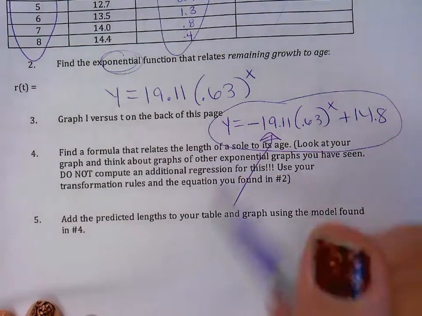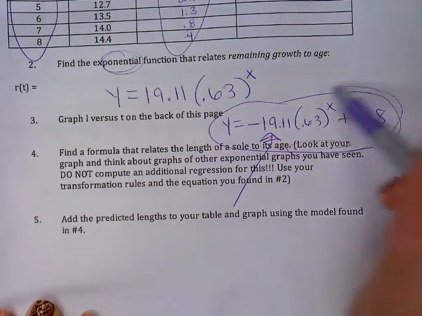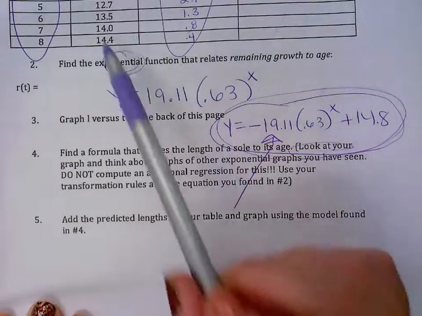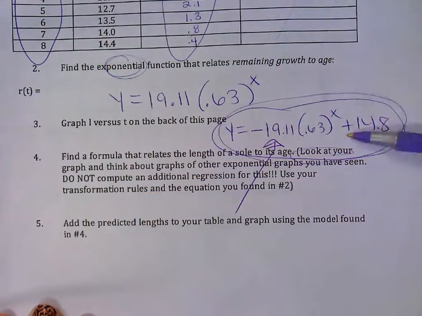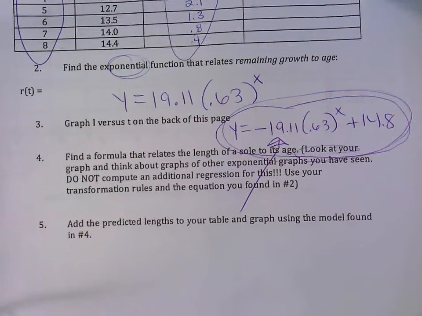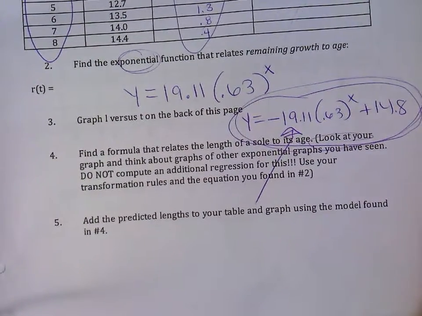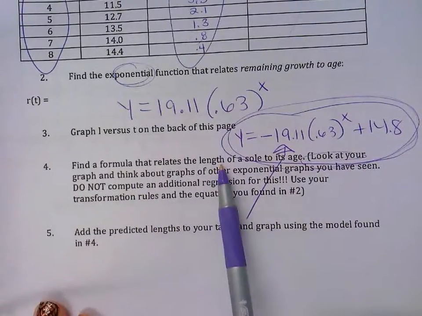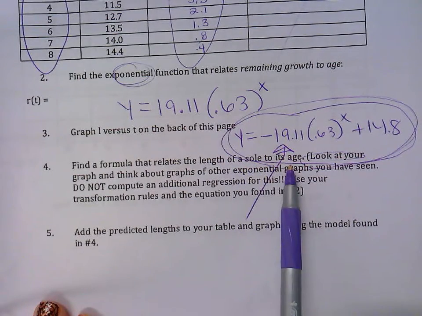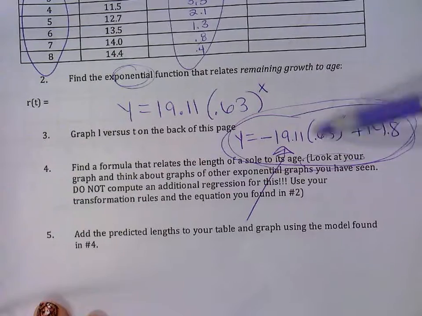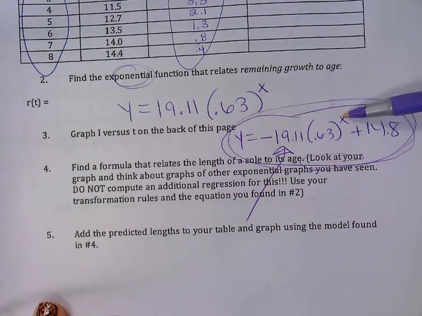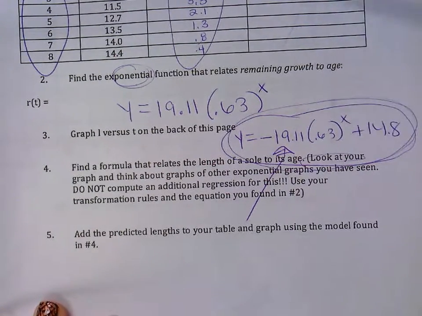So they want you to use this circled equation and say, all right, if I get a 3.7-inch fish, what does the formula say the age of my fish is? Right? Find a formula relating the length of the sole to its age. Oh, no. So we're going to plug in the age, right? X is age. So we're going to plug in X as 1, and we're going to see what our formula gives us, right?